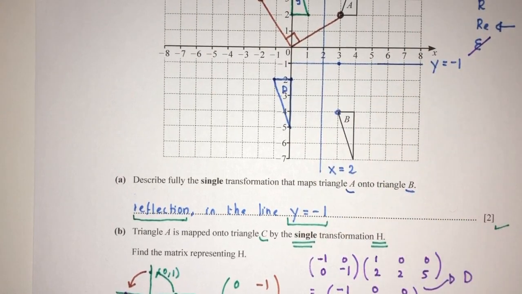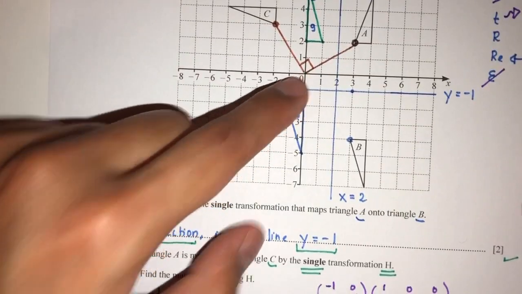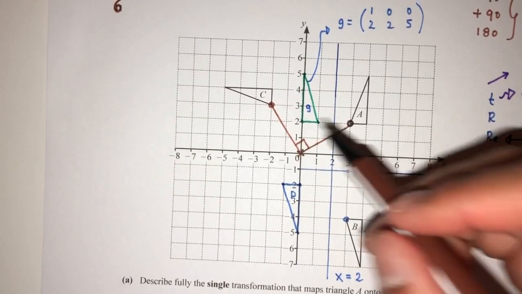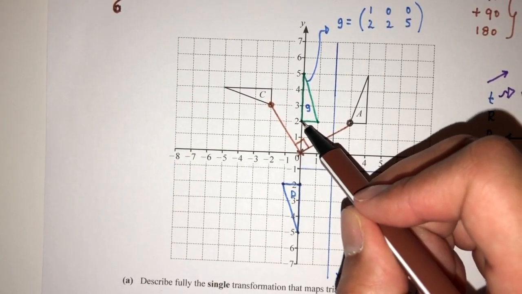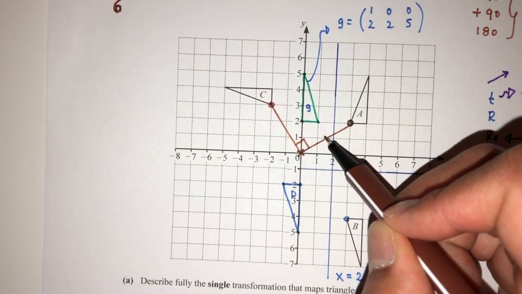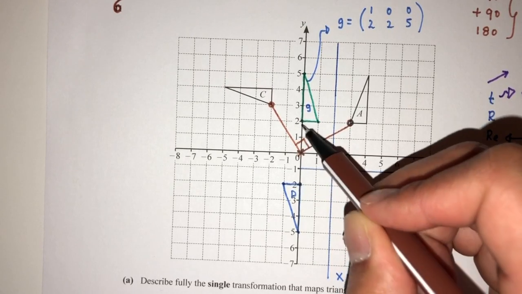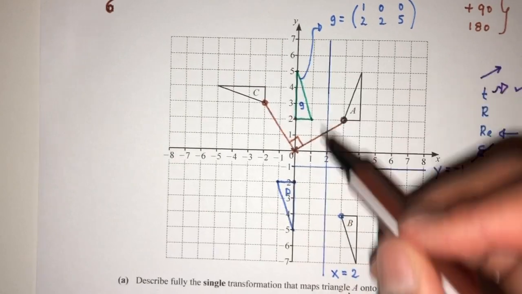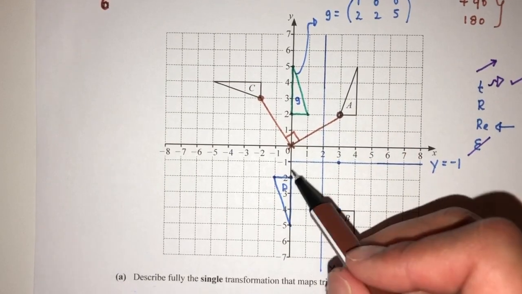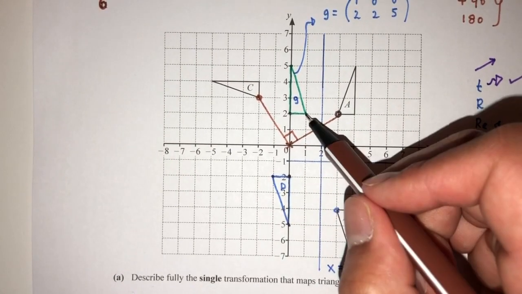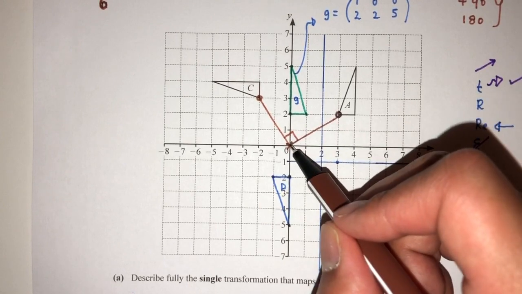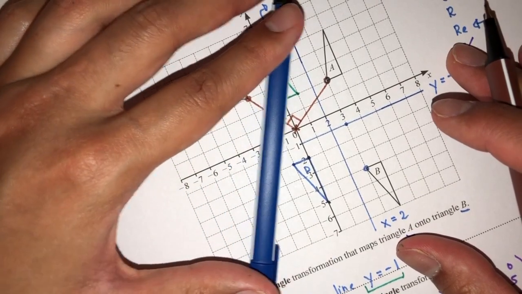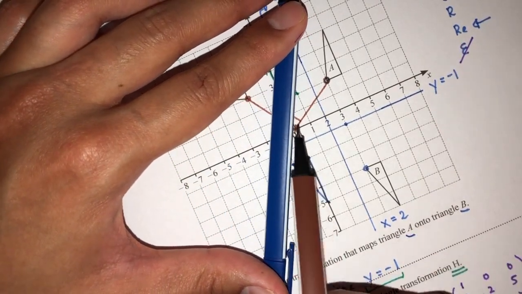So that is one way of doing that, obviously. But the other way is you can just do it by observation. If this is my center of rotation, if we have to rotate 180, this point has to go 180, that will be this, right? So (1, 2) has to become (-1, -2). Same thing for this one. It was 5, so it has to become -5. So (-1, -5) will be right here. And for this point, let's join those two together by forming a straight line.